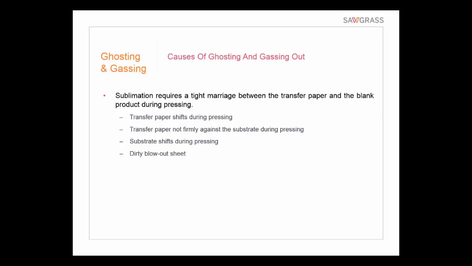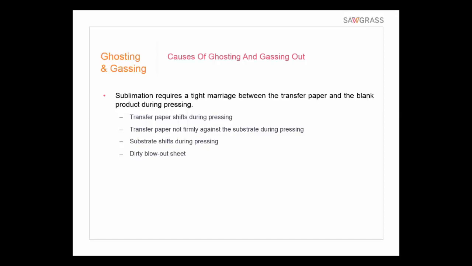Remember, you're using either Teflon or paper on top of what we call a blowout sheet. And the purpose of the blowout sheet is to prevent any stray ink or gas from the ink from getting onto the platen of the heat press. Okay, so it contains it, and prevents it from getting ink onto the upper heat press platen.